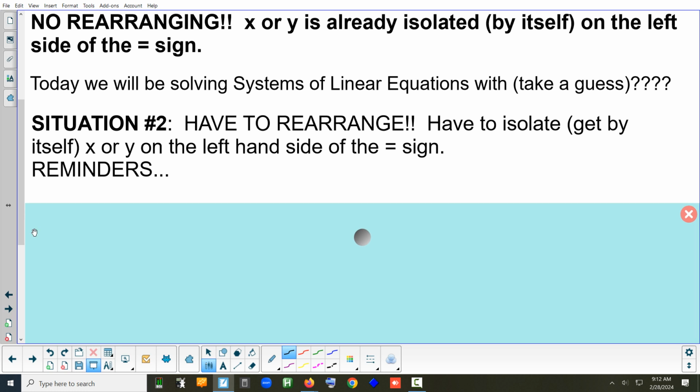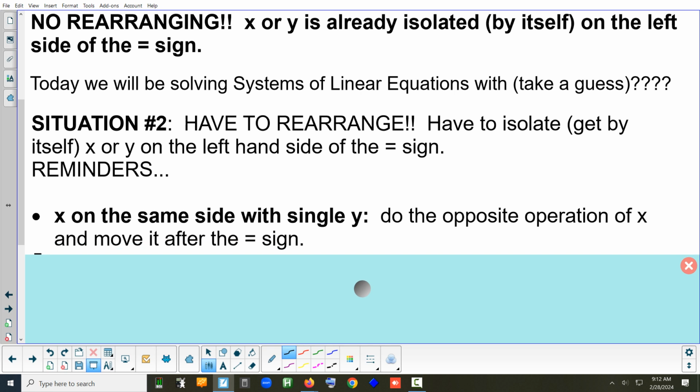Next, I'm going to give you guys a couple reminders, just how you get a letter by itself. So let's say that you had an x on the same side of the equation with a single y. That would be something like this.